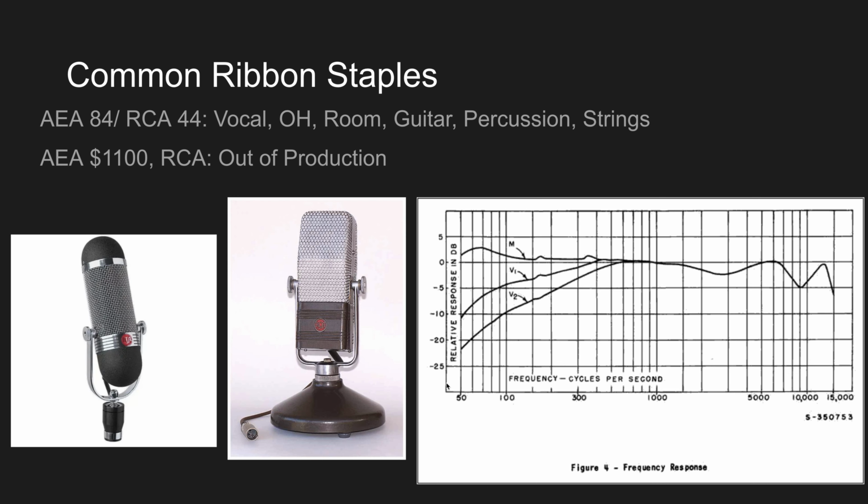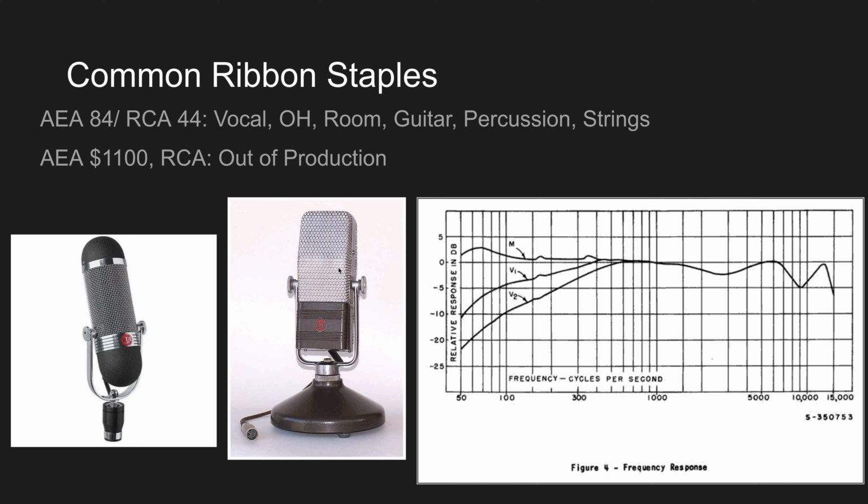Okay, common ribbon staples. RCA is a company that basically made all kinds of electronics. One of the first ribbon mics was this RCA 44.